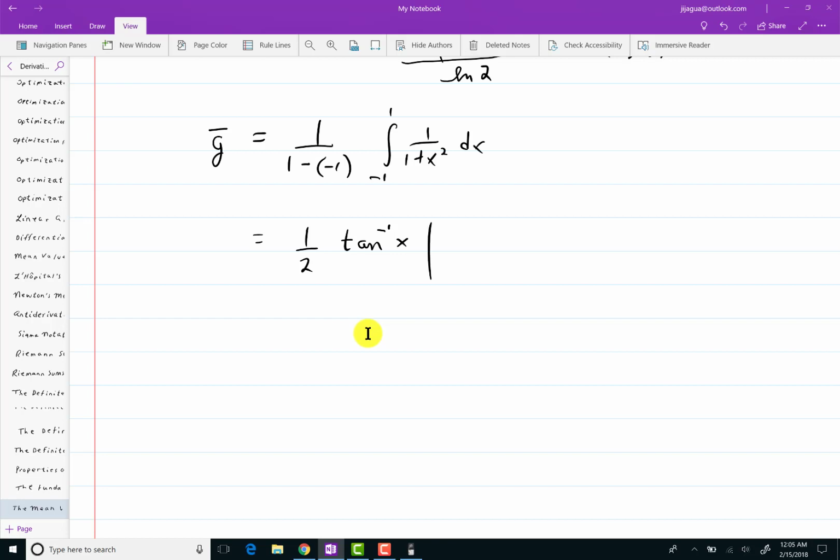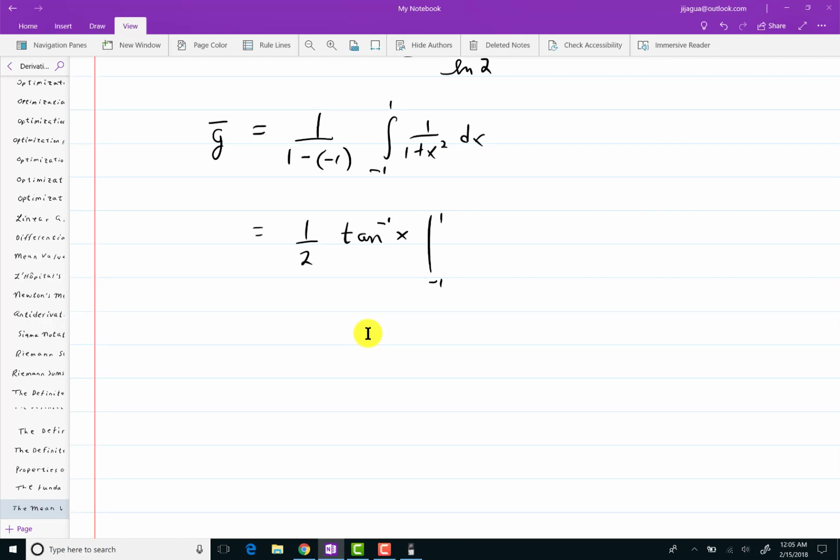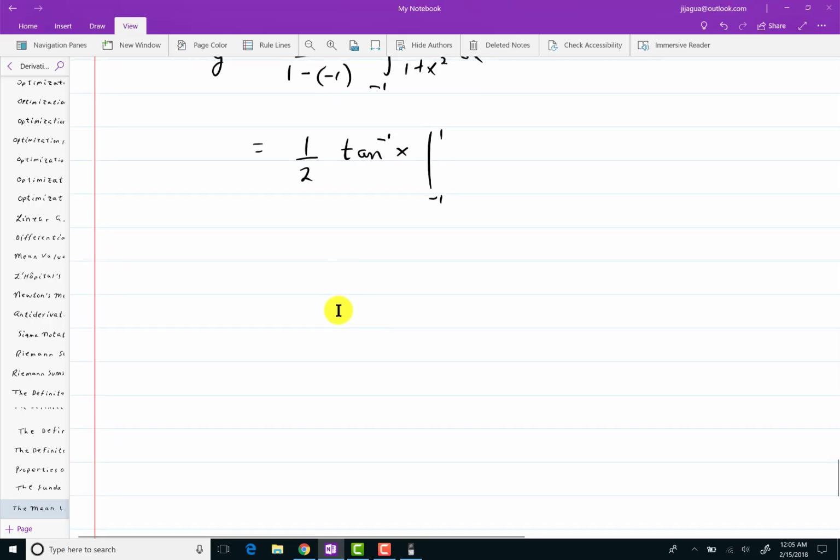We're going from -1 to 1. So I got 1/2 times tan inverse of 1 minus tan inverse of negative 1.